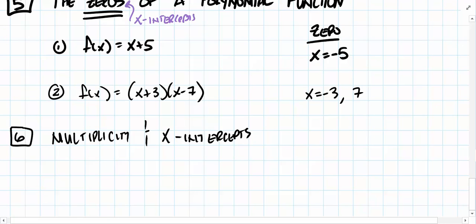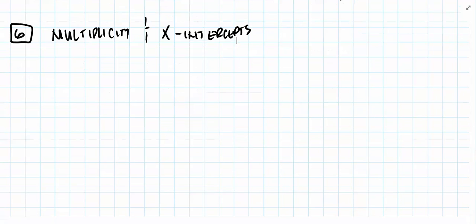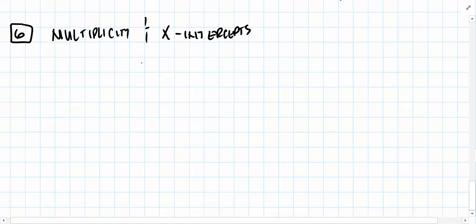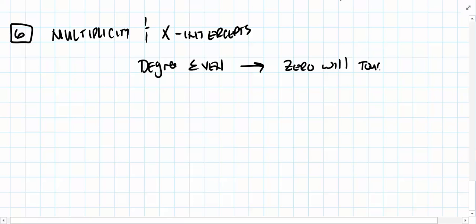If the degree is even, then the 0 will touch and turn around. If the degree is odd, then the 0 will cross.